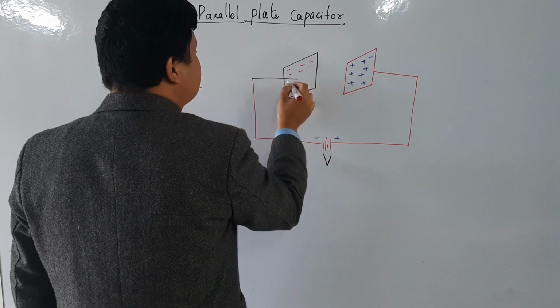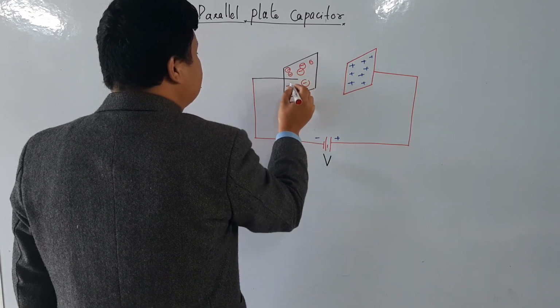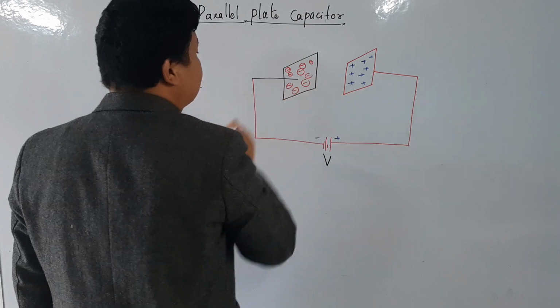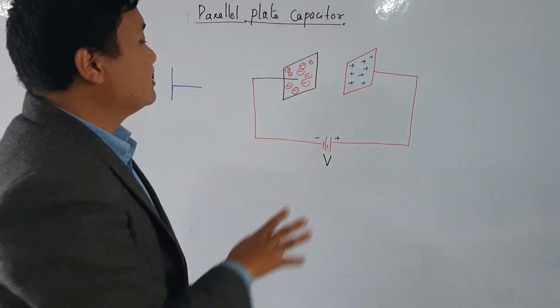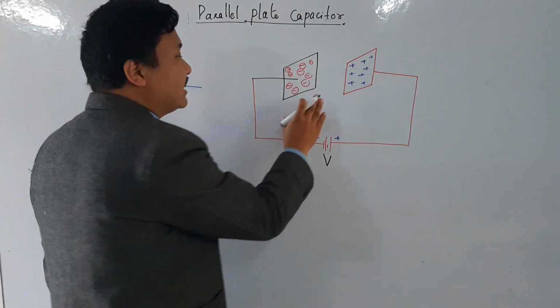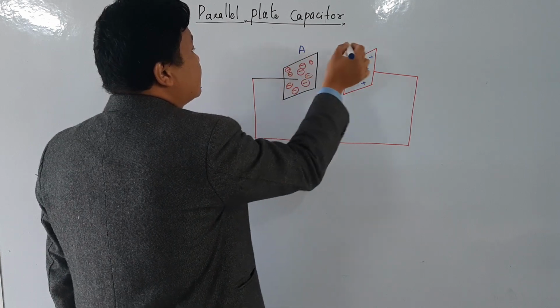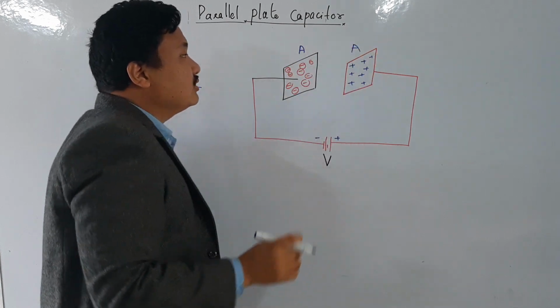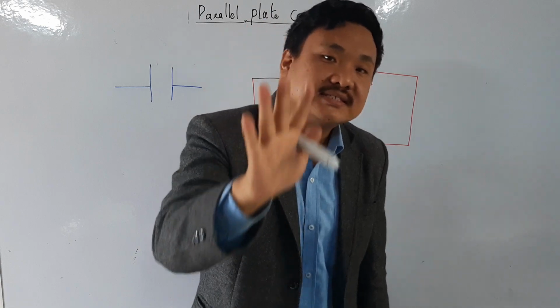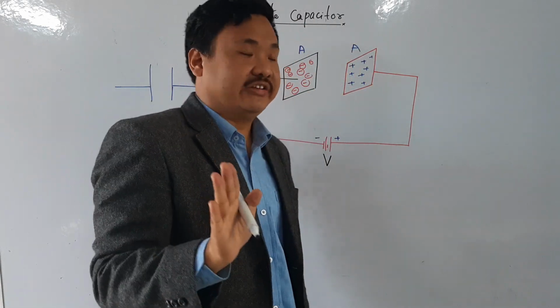Understood? So here there is positive charge, here negative charge, and it has a particular area. Let me write the area as A, and both the plates have the same area. And it is very thin.